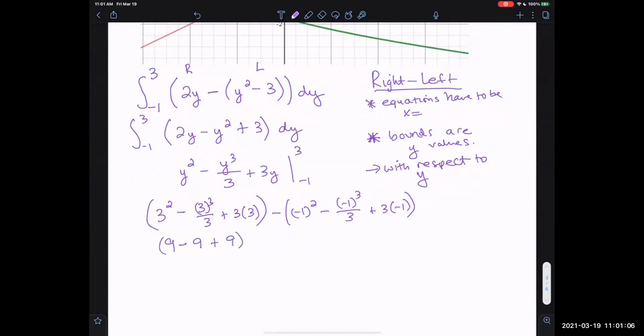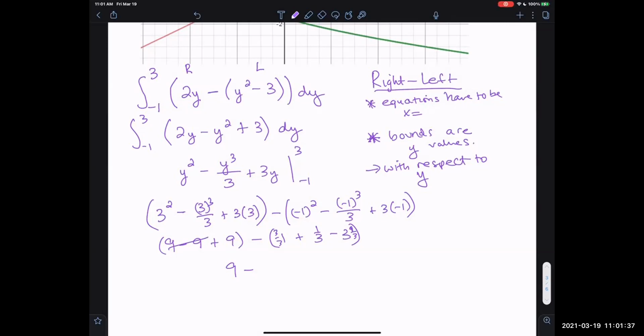It's a lot of 9s, right? Plus 1. This would be -1/3, but then you're taking the opposite, so +1/3, minus 3. All right, so we have 9 minus, this would be 3/3, right? So that's 4/3 minus 9/3, -5/3.